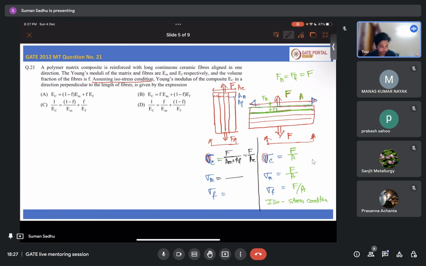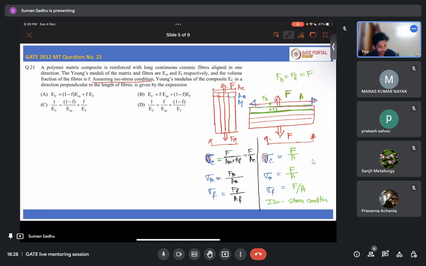Area I have already told you, am. What will be the force value? Will it be same as f or will it be different? It will be different, sir. Yes, so it will be fm by am, and then for fiber it will be ff by af.